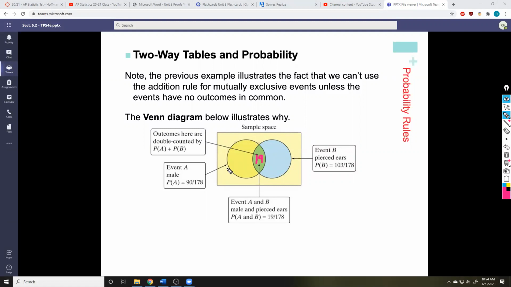The amount that's in A and not in B is 71. And the amount that's in B but not in A, that's going to be 84.